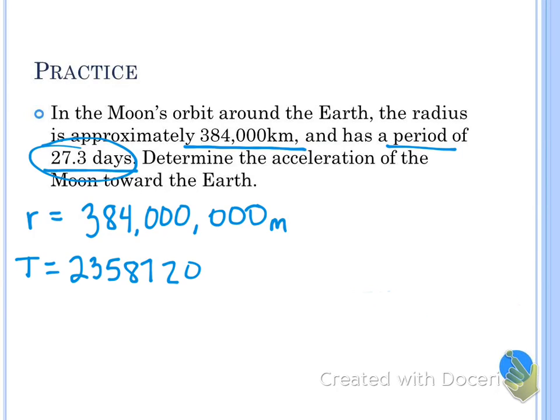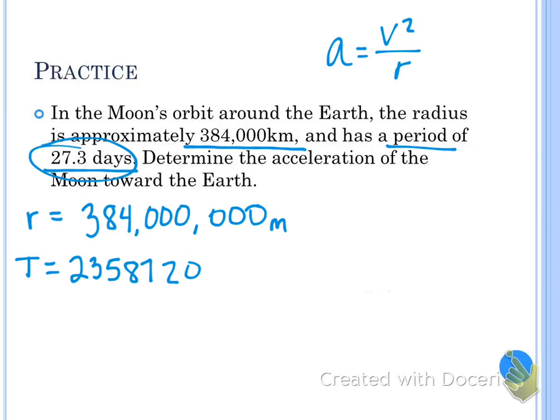Okay, so all we did was convert days to seconds, right? You can set it up in a full T-chart, but by this time I think you guys should be comfortable enough seeing what that looks like. Okay? So days to hours to minutes to seconds. We want to find acceleration, which means we'd use v squared over r.